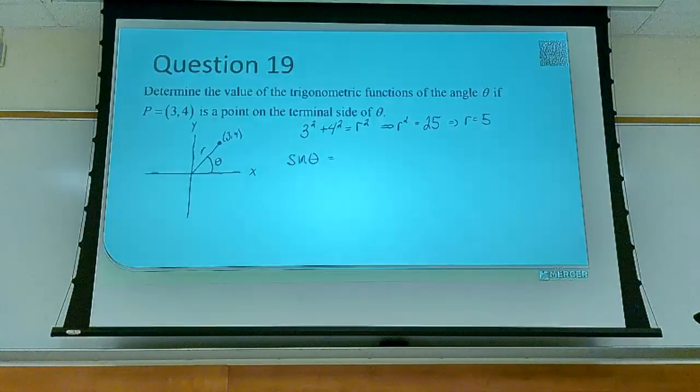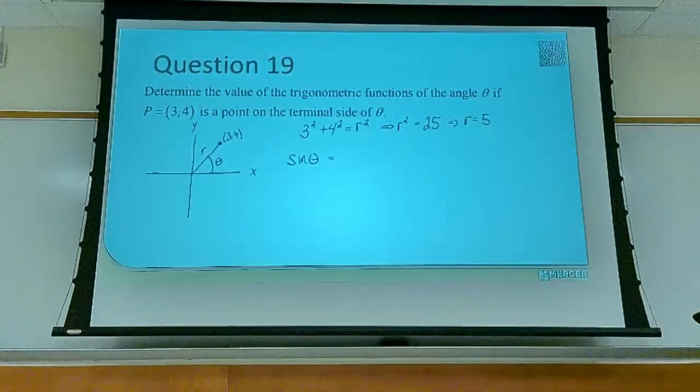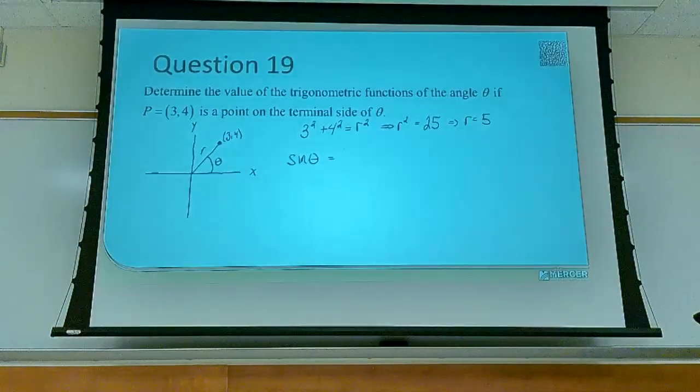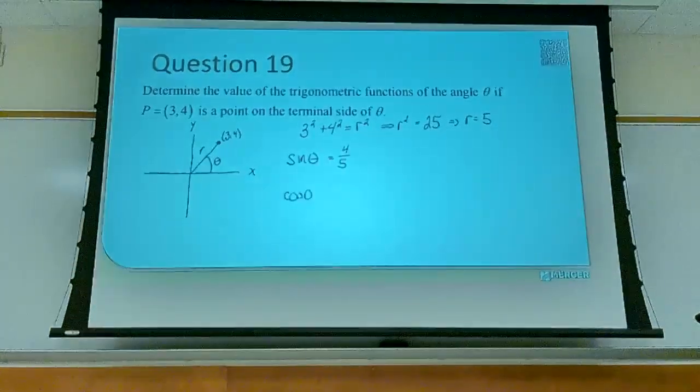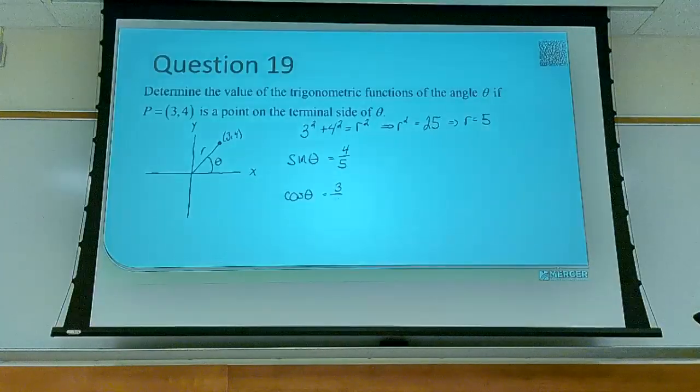What's sine? 4 over 5. What's cosine? 3 over 5. What's tangent? 4 over 3, y over x.